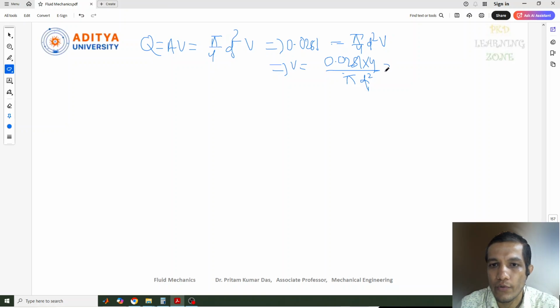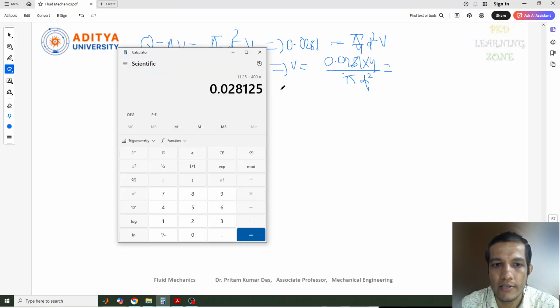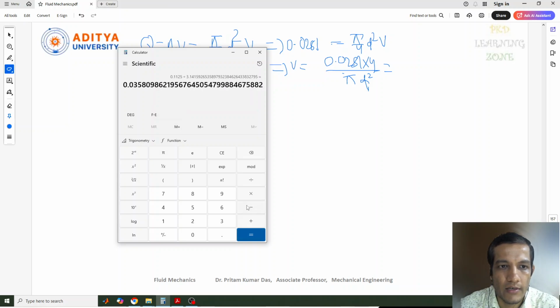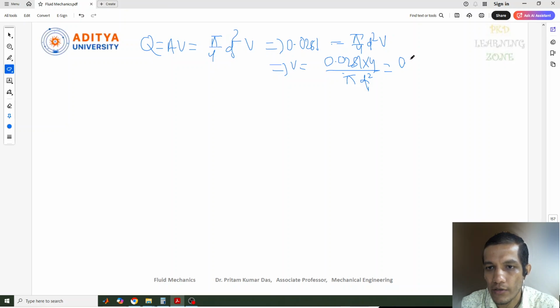Okay, so what we'll get if you solve this one, let's see, this much into 4 divided by pi, answer 0.0358 divided by D square. So this is in terms of the velocity value, in terms of diameter we got it here.